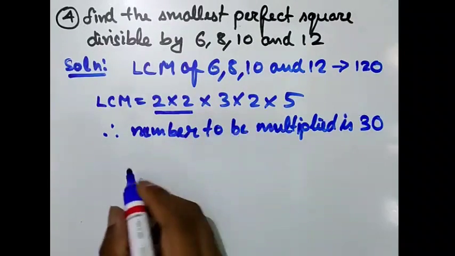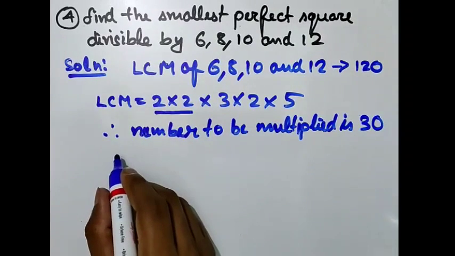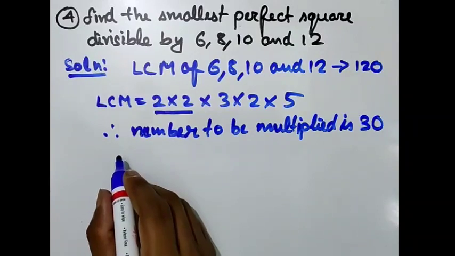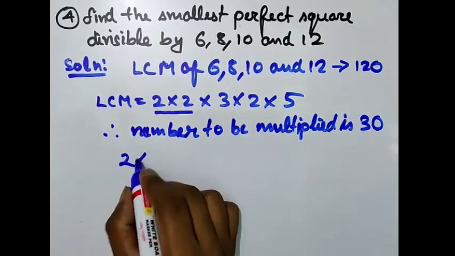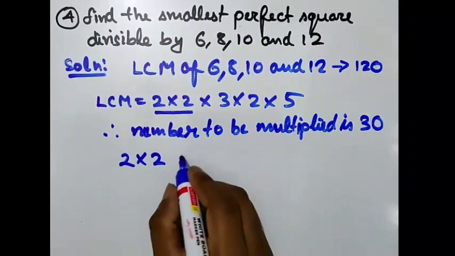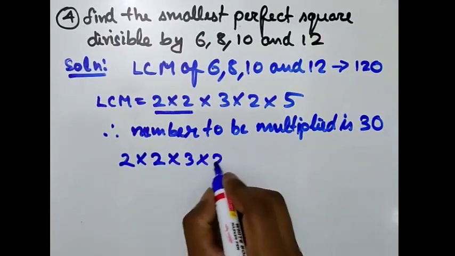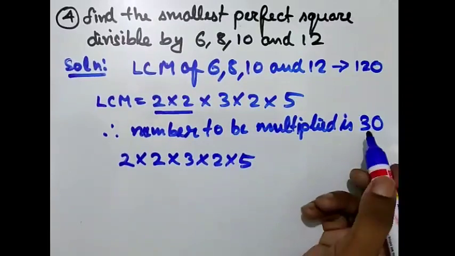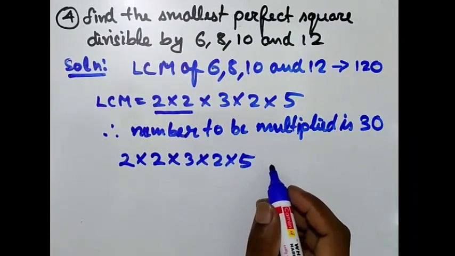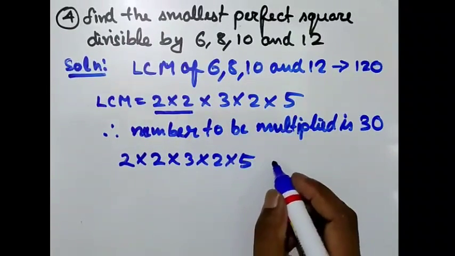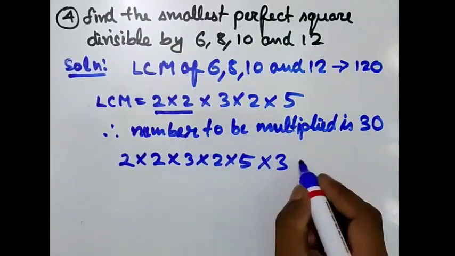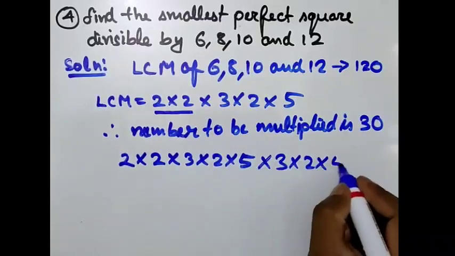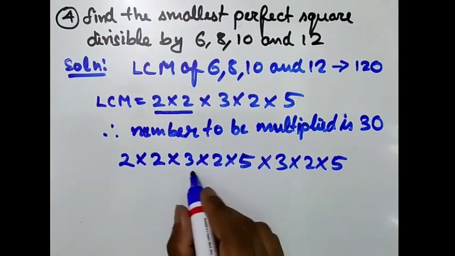So we can multiply 30 here. 2 into 2 into 3 into 2 into 5, we'll just multiply 30 here, or we can break it down like 3 into 2 into 5, because we needed a pair, right?